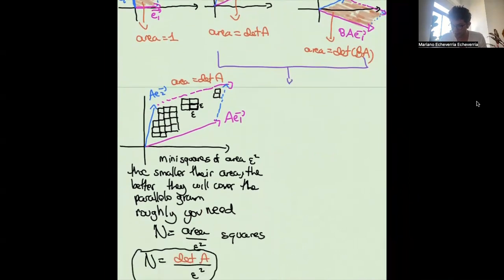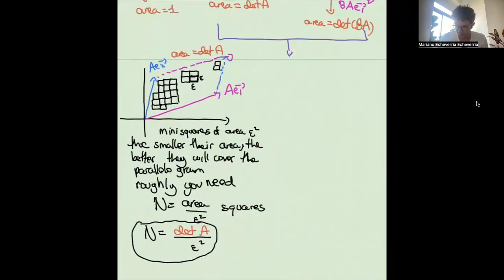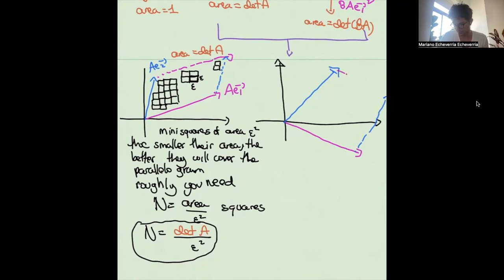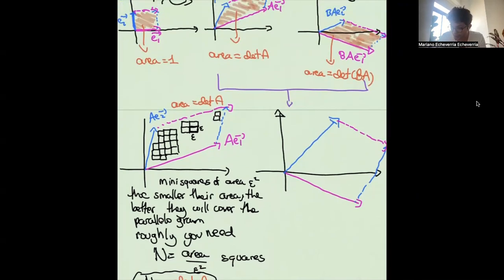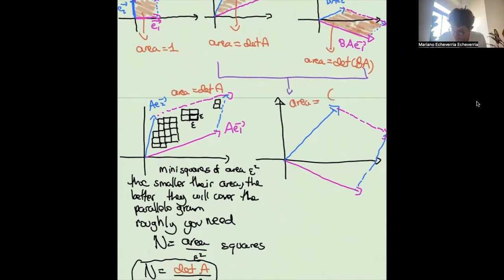To go to the last parallelogram, the third one in this picture, we had to use the matrix B. So what happens now is that this new parallelogram had area, the determinant of B times A.